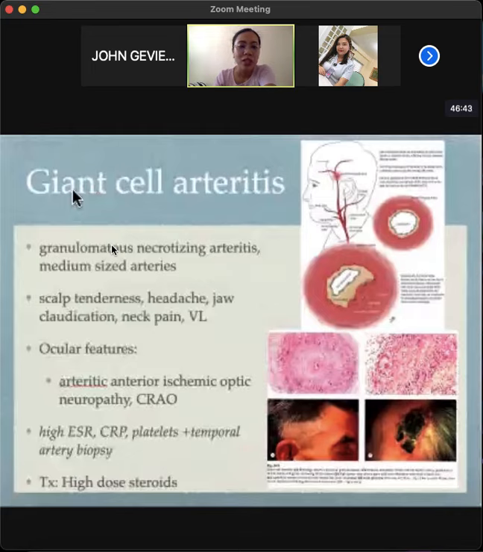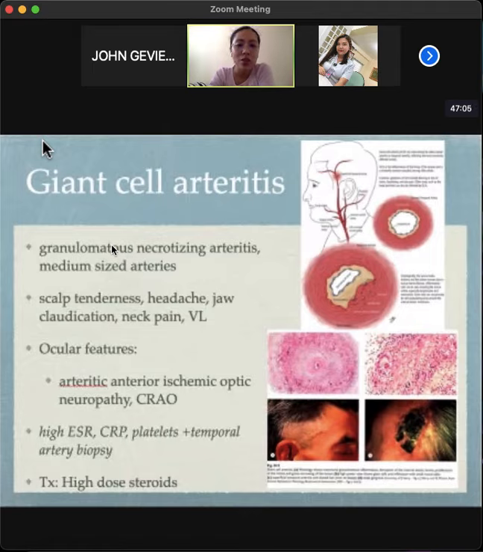GCA or giant cell arteritis. So this is what I was talking to you about a while ago. So what type of optic neuropathy is seen in GCA, giant cell arteritis? Right, at the beginning of this lecture, I discussed the GCA.